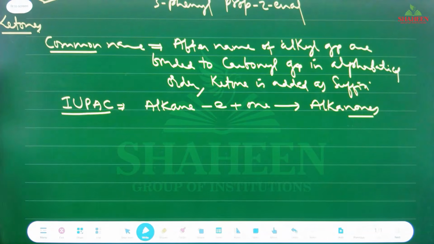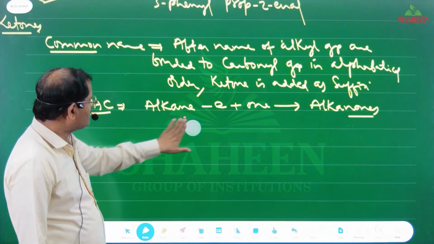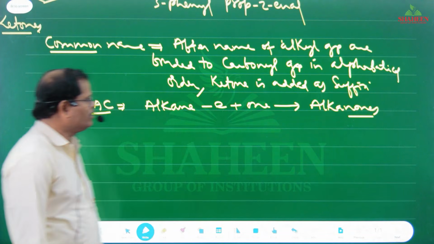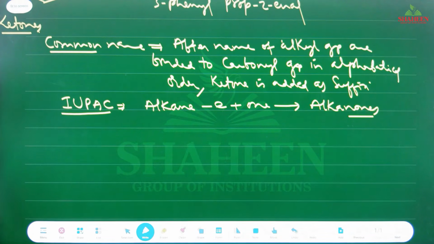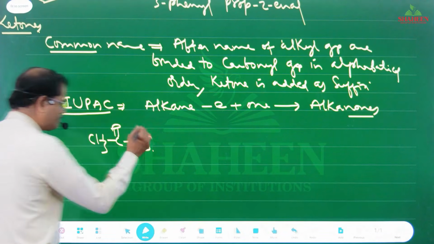By removal of E from the IUPAC name of the alkane and adding "one", we give the name as alkanone. For example, CH3, C double bond O, CH3.